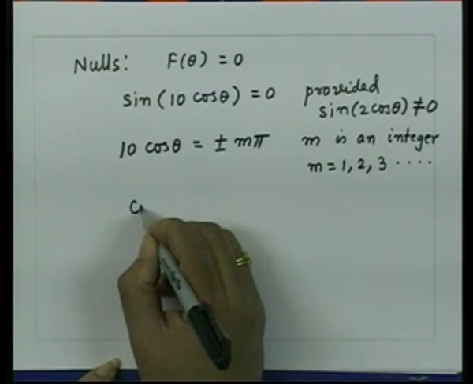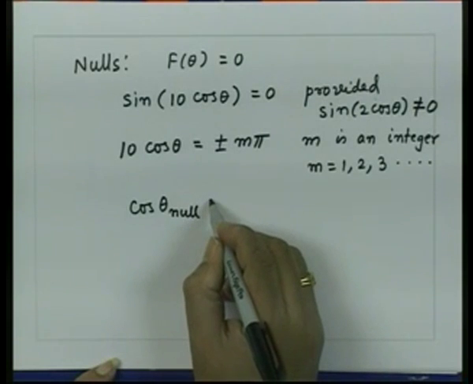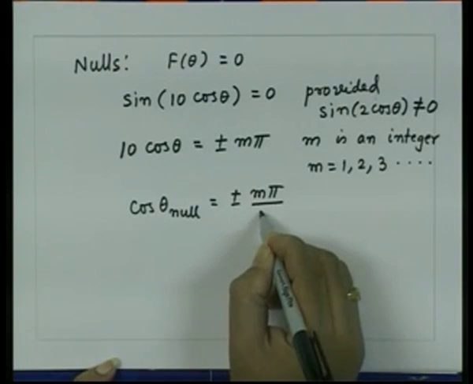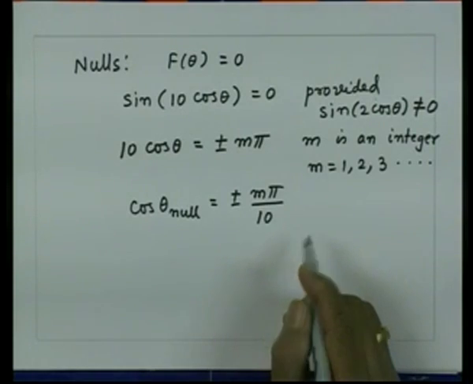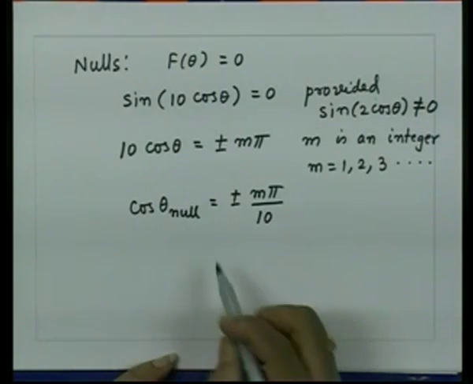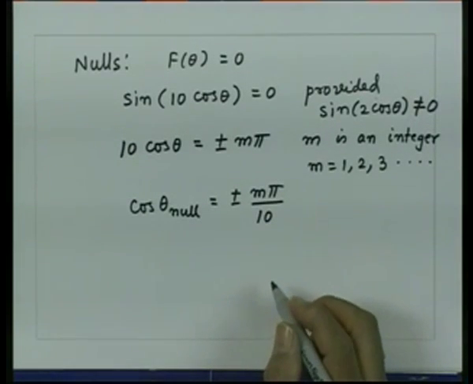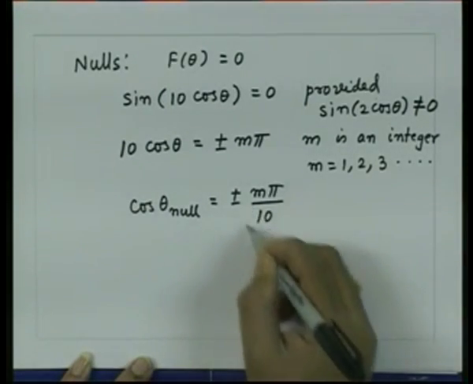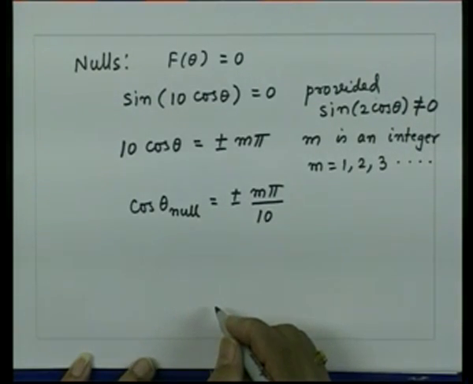So, we get cos theta null, that is equal to plus minus m pi upon 10. Now, since cos of this angle, the magnitude of that should be always less than or equal to unity. Essentially that means this quantity m pi upon 10 should be less than or equal to 1.